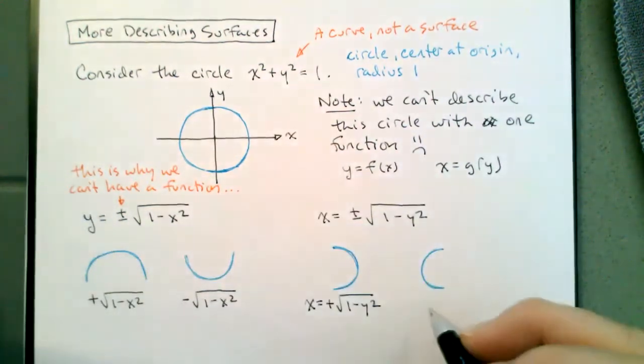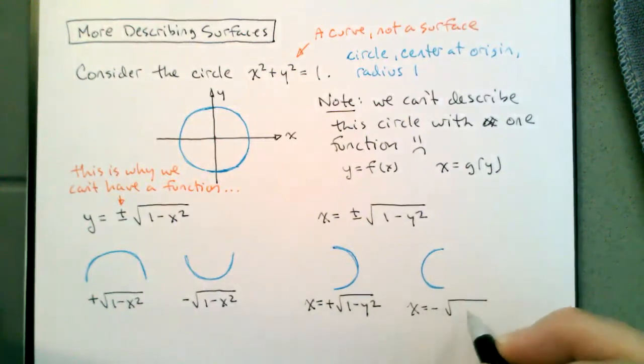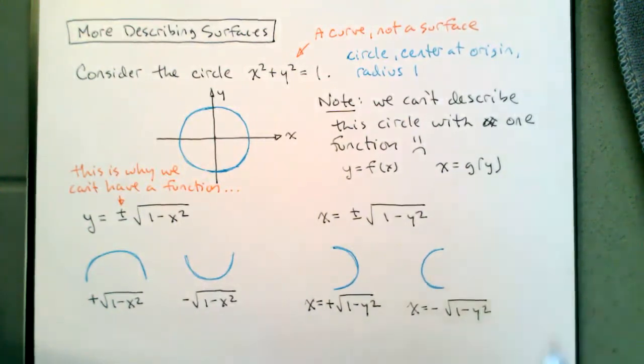So the left half of the circle will be minus the square root of 1 minus y squared. And if we put the plus and the minus together, then we'll have the entire circle. So y positive is the top half, y negative is the bottom half, x positive is the right half, x negative is the left half.